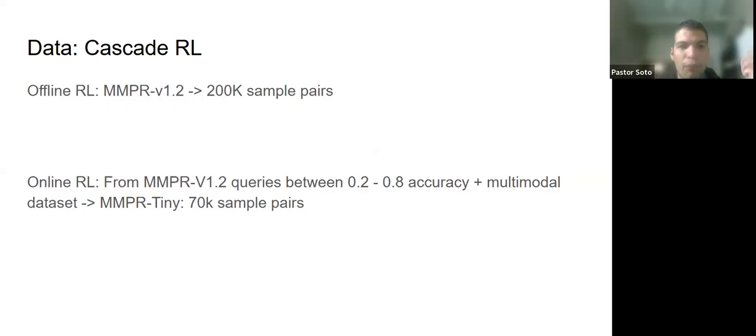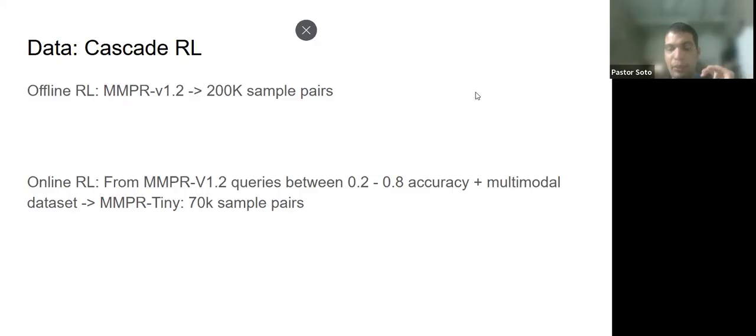For the offline reinforcement learning, we use the MMPR v1.2, and it has 200,000 sample pairs. But for the online reinforcement learning, and this is what I mentioned, that we take advantage of the offline, we use the queries that were between 0.2 and 0.8 accuracy on the offline reinforcement learning.